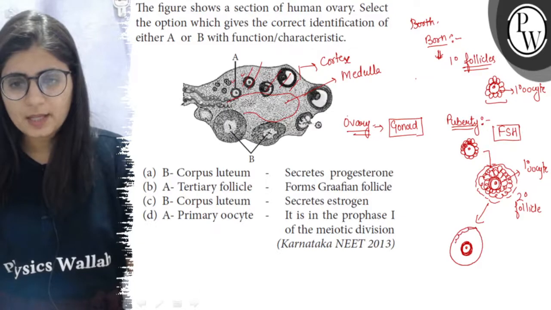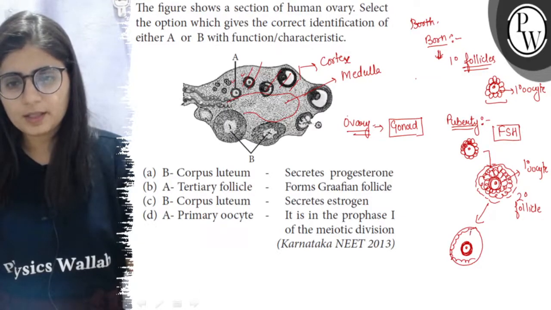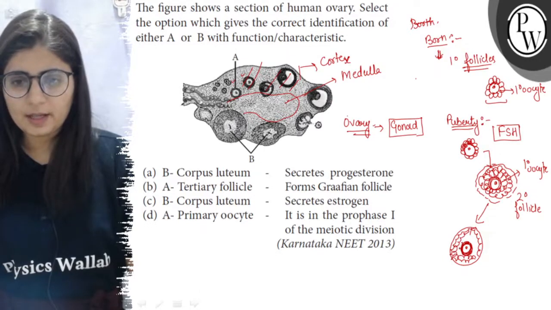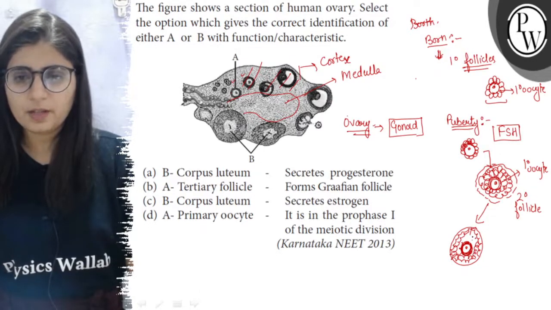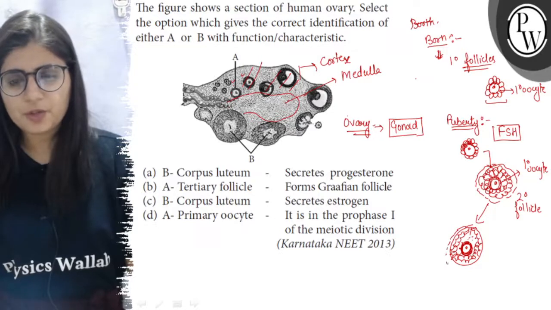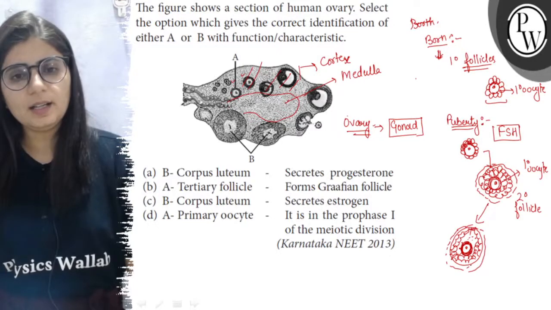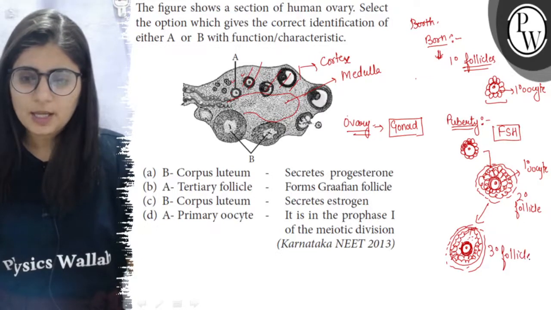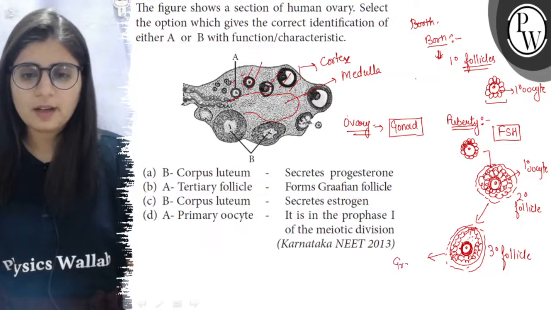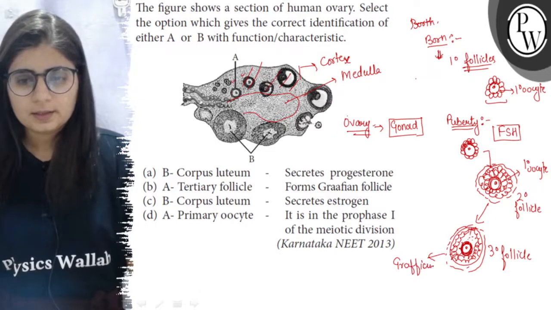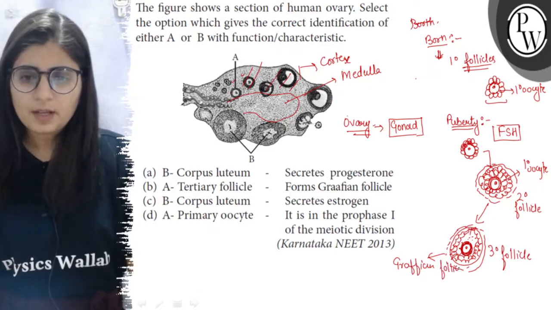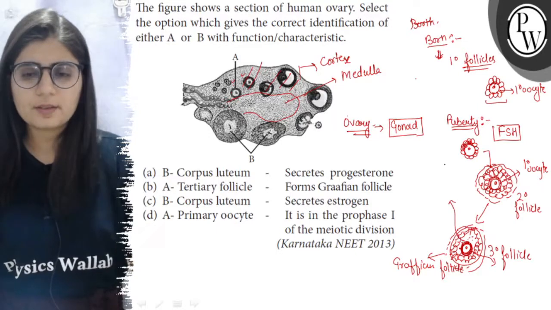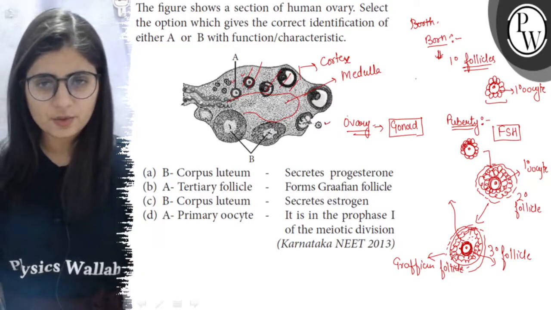This cavity is known as the follicular antrum, which is filled with fluid, and there will be formation of theca externa and theca interna. So this is a tertiary follicle, and it matures further to form the Graafian follicle. Now from the Graafian follicle, the secondary oocyte is released. So here we will show the release of secondary oocyte as it's shown here.